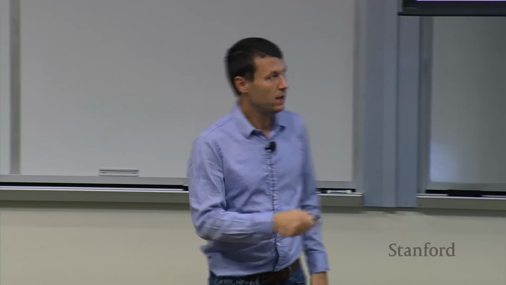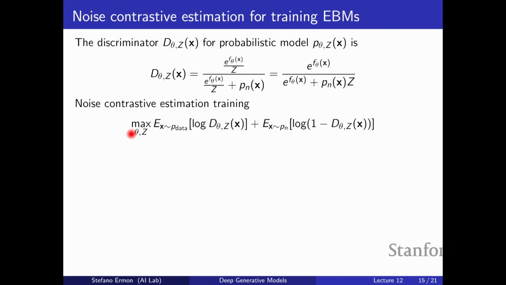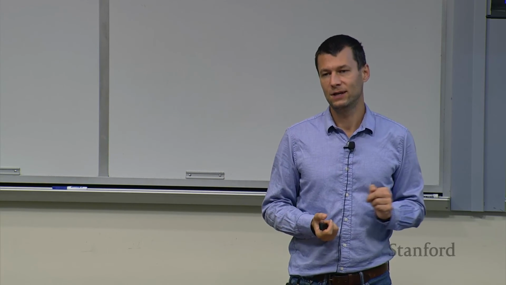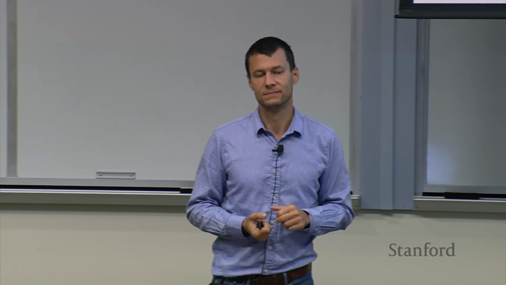So even though we're just training it in an unconstrained way, so there is no relationship here between theta and z, it just so happens that the best thing to do is to actually properly normalize the model, where z theta becomes the partition function of the energy-based model. So in principle, this does the right thing. In practice, it heavily depends on how good the noise distribution is.